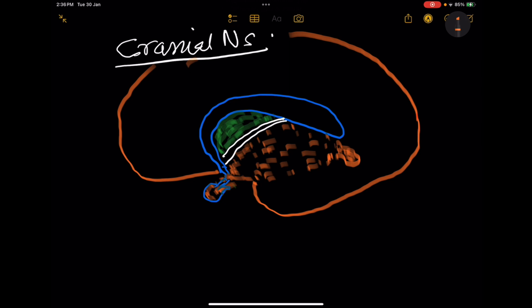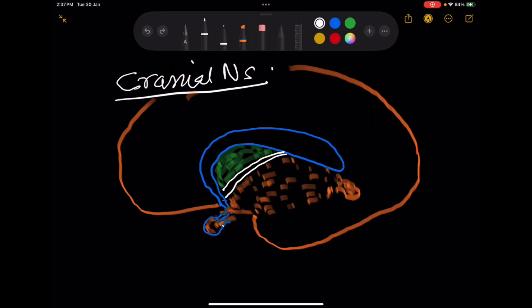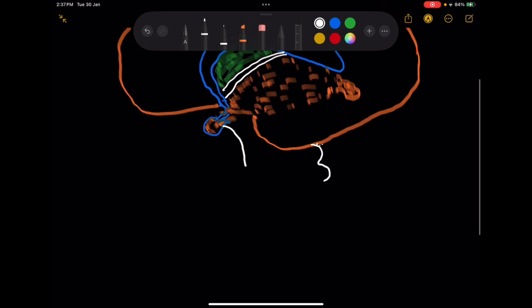And then below this, you will start seeing the midbrain, and these are the superior and inferior colliculi of the midbrain, and the two peduncles of the midbrain.